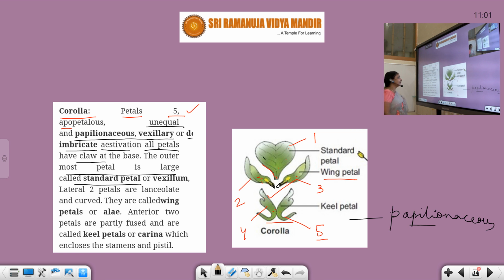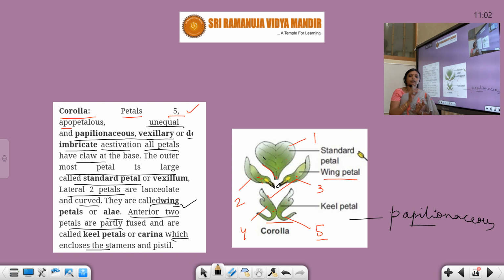The lateral two petals are lanceolate in shape and curved, with claws, and are known as wing petals or alae. Anterior to these, the last two petals are partly fused, called keel petals or carina, which enclose the stamens and pistil. That means inside these two small petals the essential organs are present.